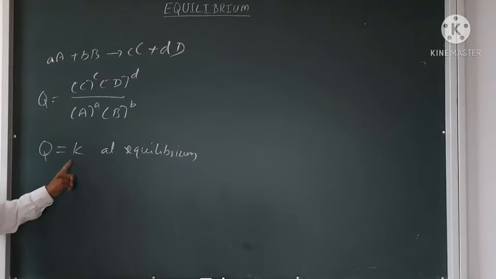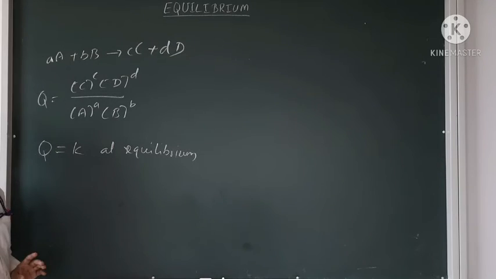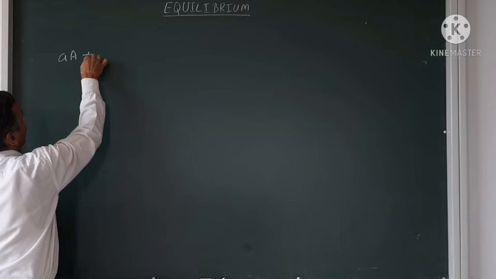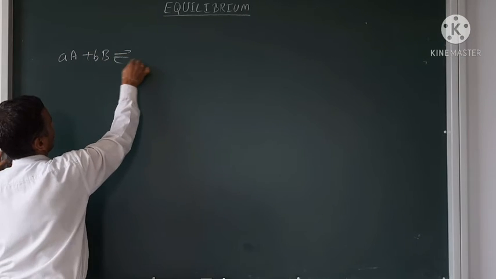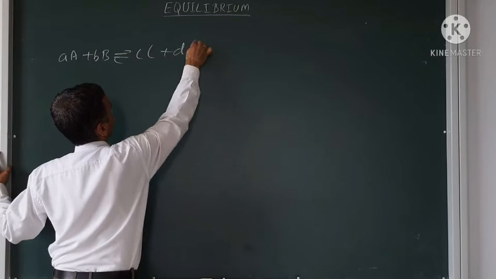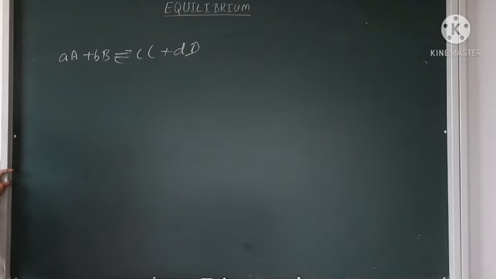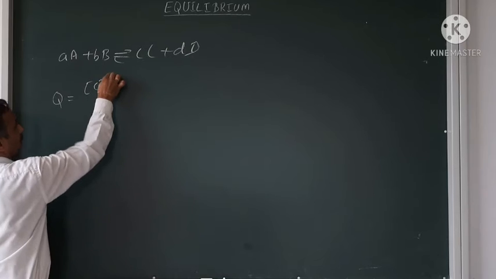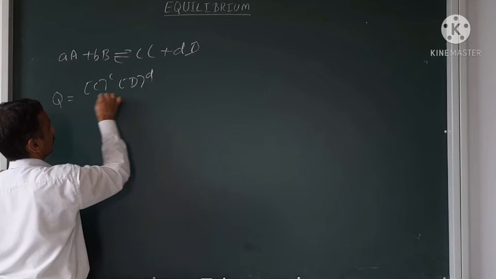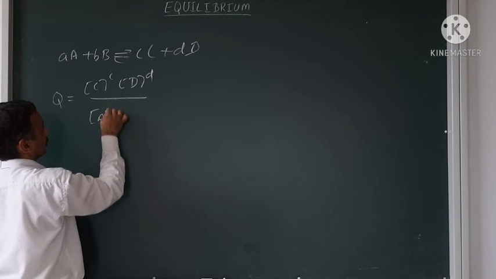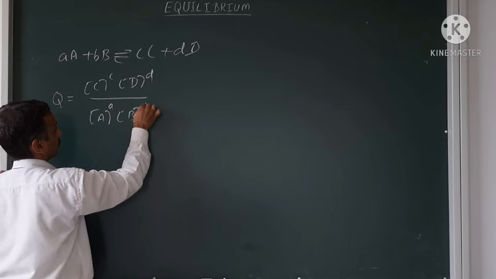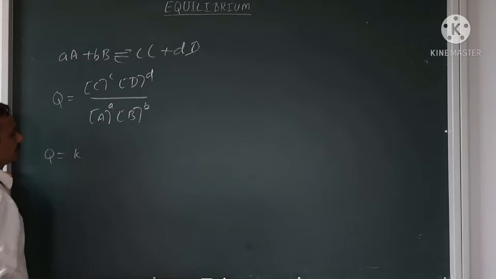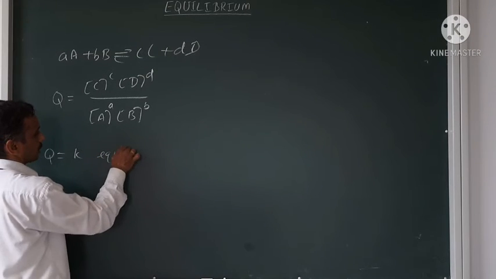Q is equal to [C] to the power c into [D] to the power d divided by [A] to the power a into [B] to the power b. Now see here, if Q is equal to K, then the reaction is at equilibrium. If the reaction quotient is equal to the equilibrium constant, the reaction is at equilibrium.